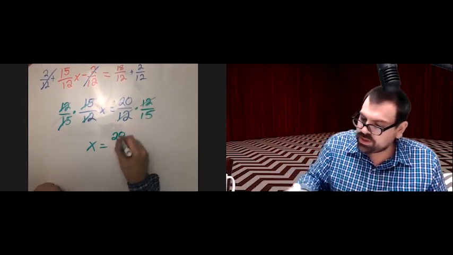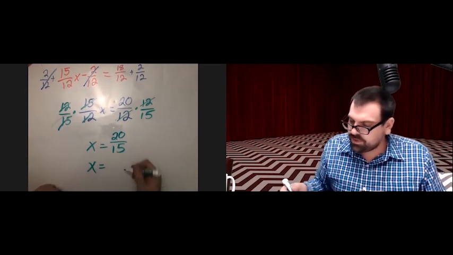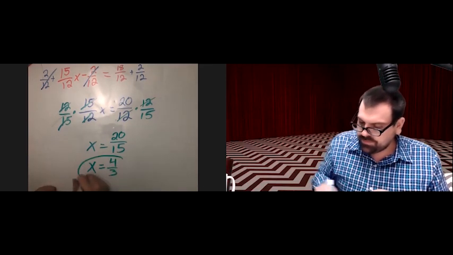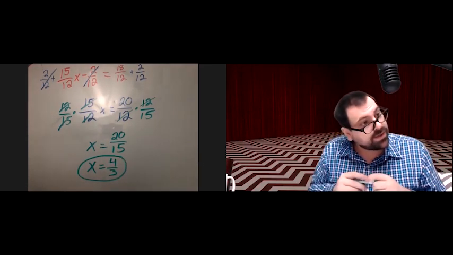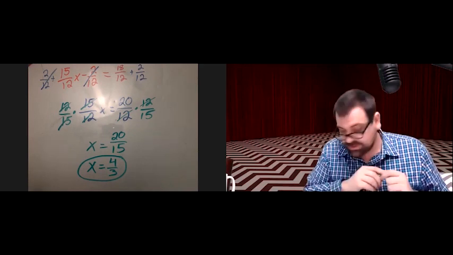We're left with 20/15. Both of those can be divided by 5. So our answer, x is 4/3.